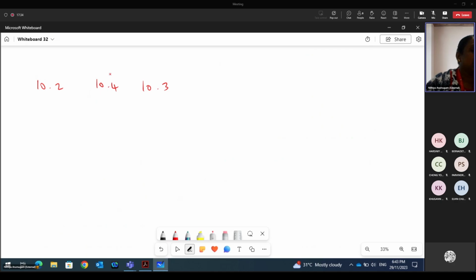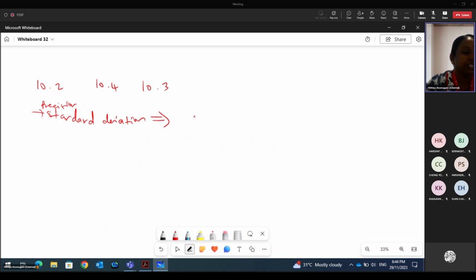All right. So usually precision will be expressed in terms of standard deviation. Okay. So from all these 3 points, you need to find out what is the standard deviation for these points.